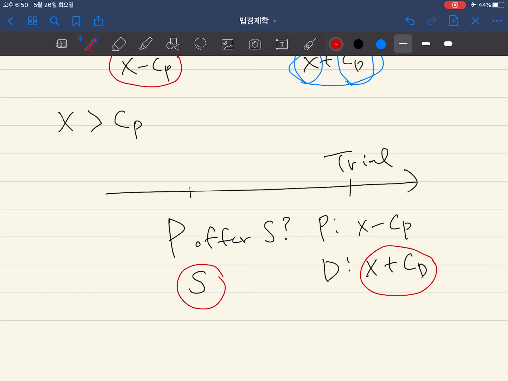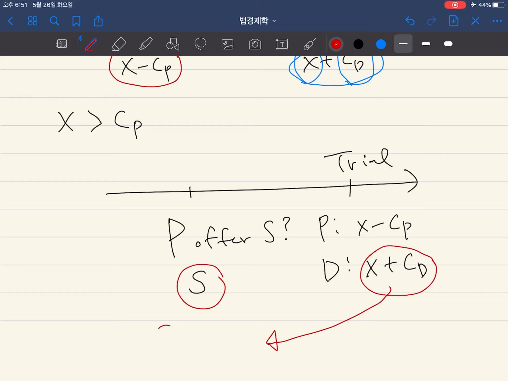But he cannot directly compare S and X plus CD, because S is expressed in today's value and X plus CD is expressed in tomorrow's value. So defendant has to calculate the present value of the trial payoff tomorrow. How does he do that?